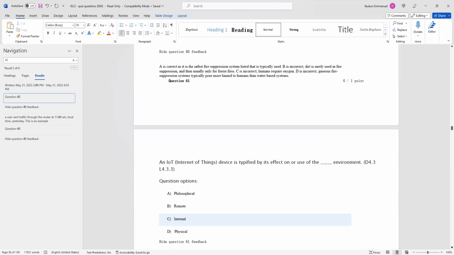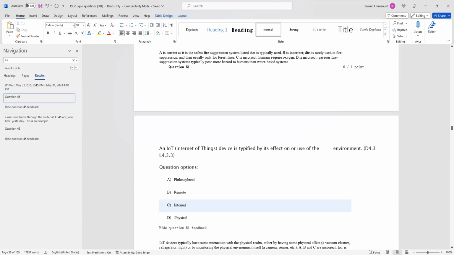An Internet of Things device is typified by its effect on or use of what environment? The physical environment. Because if we think about it, even though you have your Internet of Things like smart meter, your smart this, your smart that, it's still used in your physical environment.